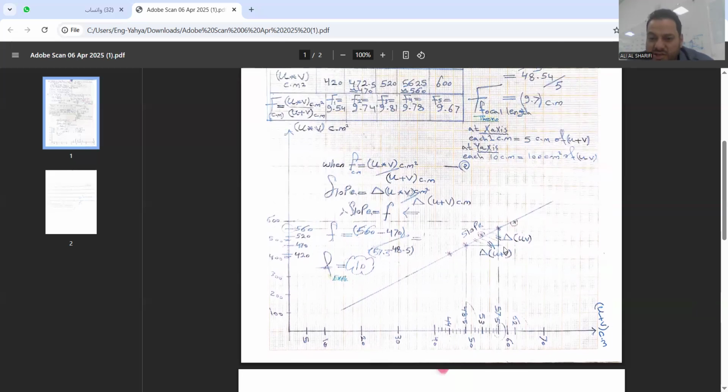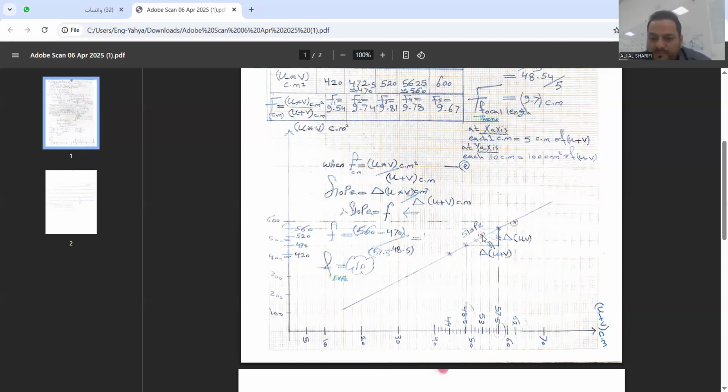I selected these 2 points because these were the better, and by using them, I found the focal length equal to 10. If I selected the others, for example, this point with the last point, it will be more than 10.